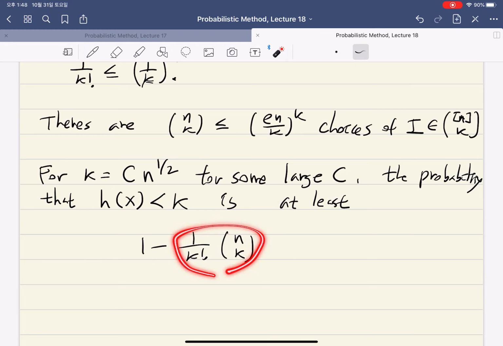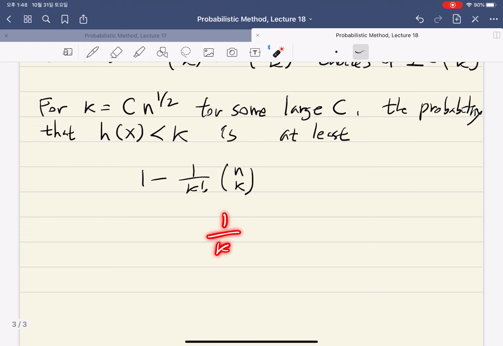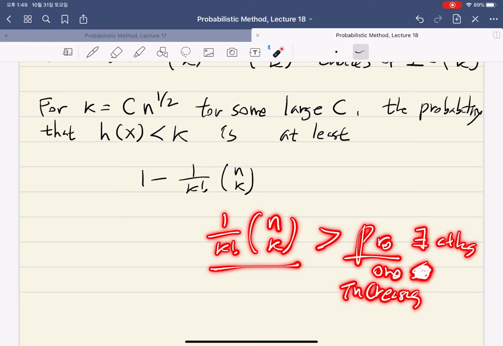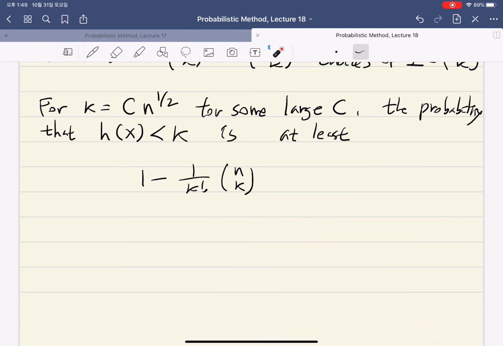Because if you take the union bound, this is bigger than the probability that there is at least one increasing sequence of length k. So you subtract that, and this is a lower bound of the probability that there is no increasing subsequence.